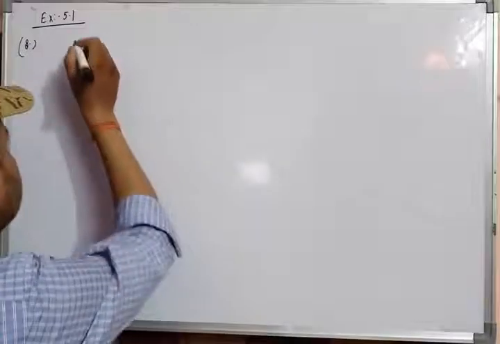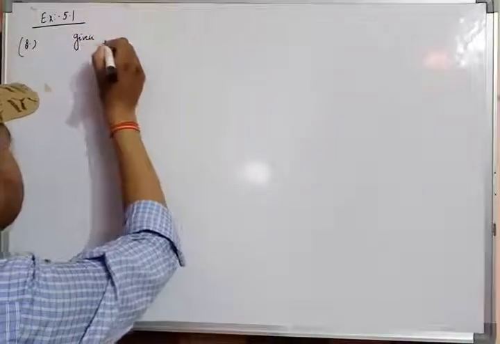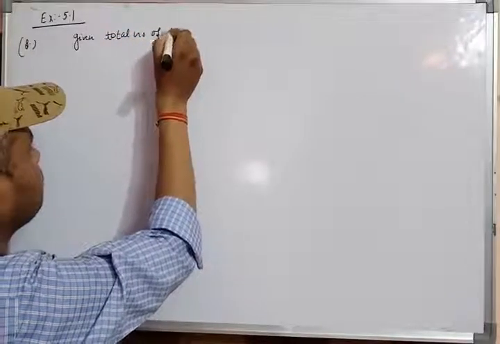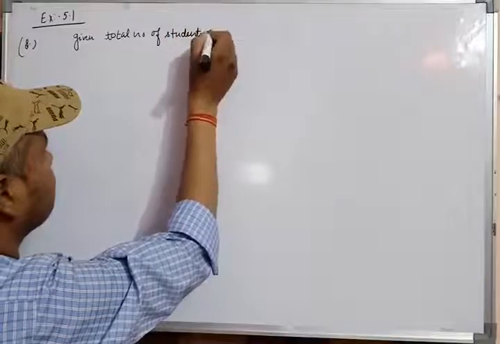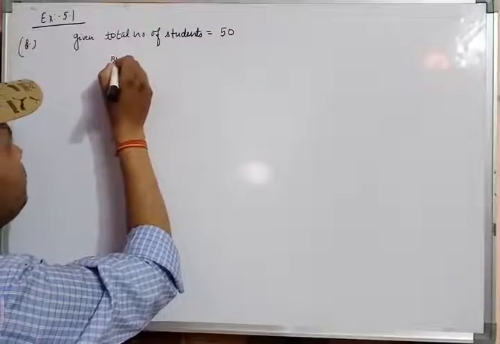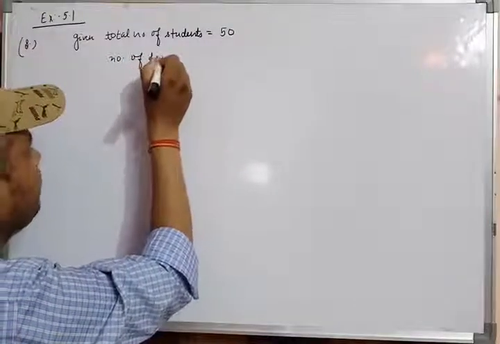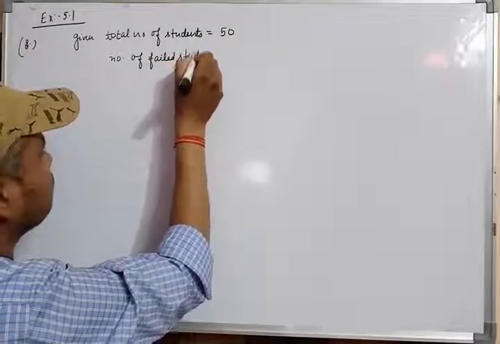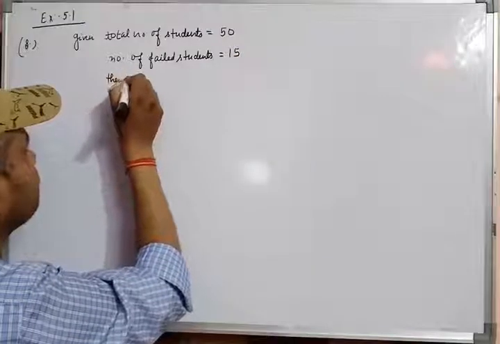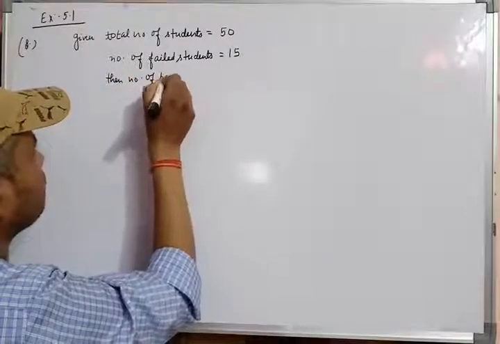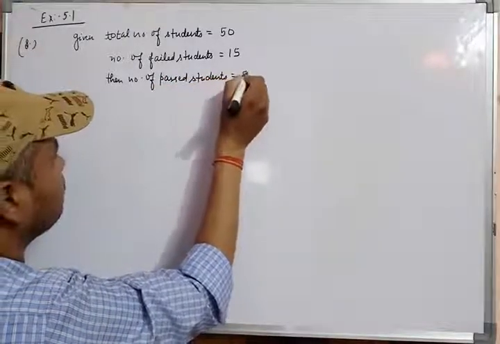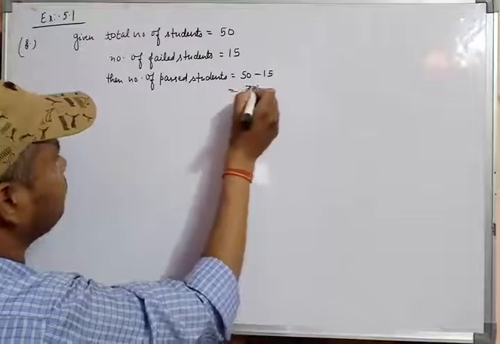Given: total number of students is equal to 50. Number of failed students is equal to 15. Then the number of passed students is equal to 50 minus 15, which is 35.